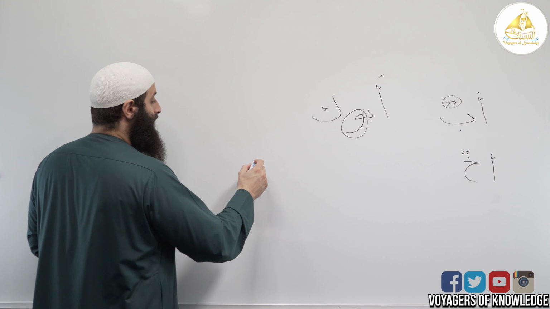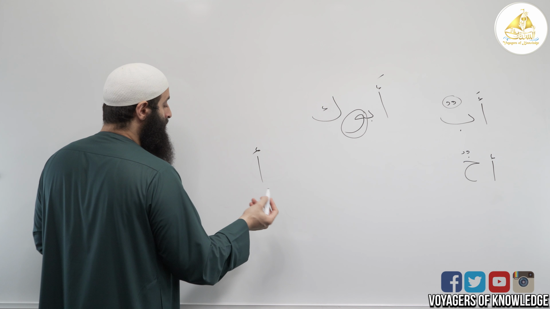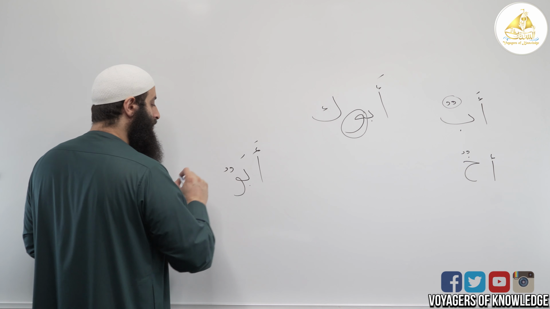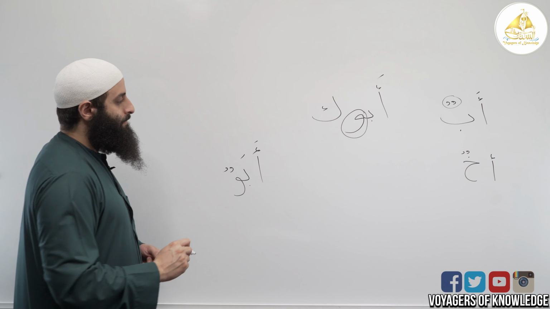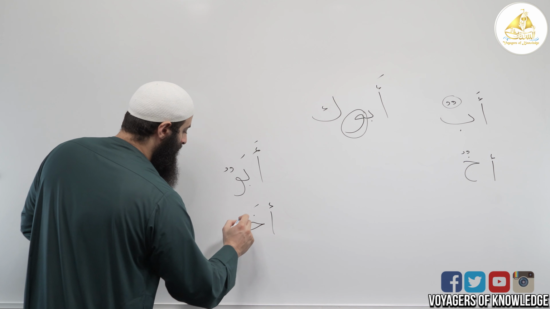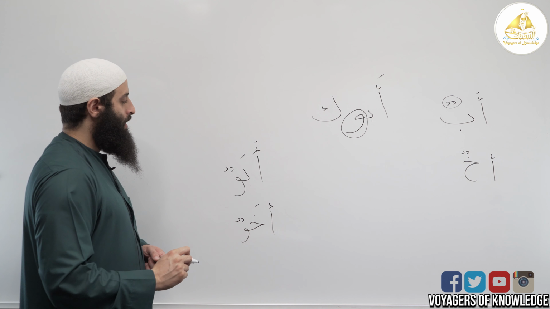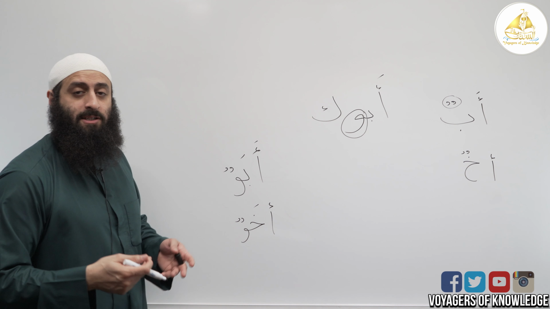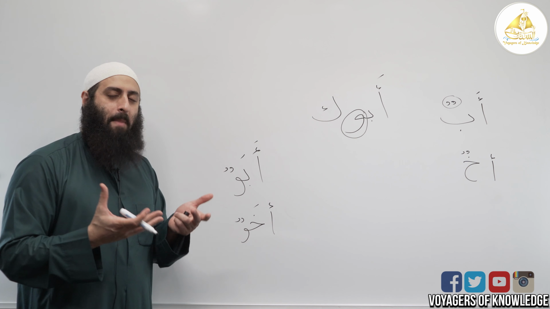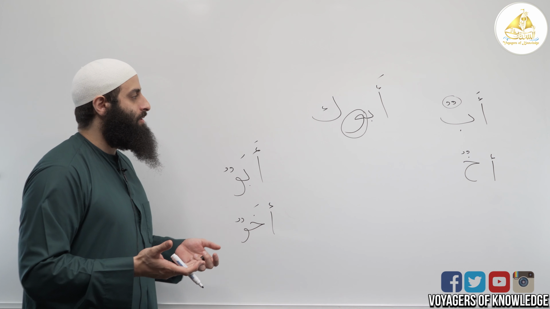But when you attached a kaf to this word, you have to bring back this waw that is originally part of the word. You say, what do you mean originally part of the word? Well, they say that all nouns, they're actually 3-letter words. Abawun. Akhun. They say akhawun. Even other words like yed, they say yedayun. But did you notice that it's like a mouthful when you say that, abawun?